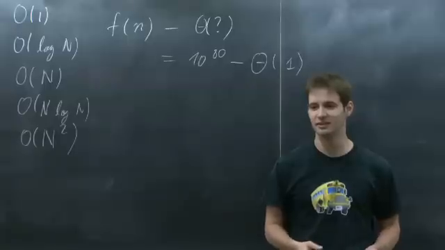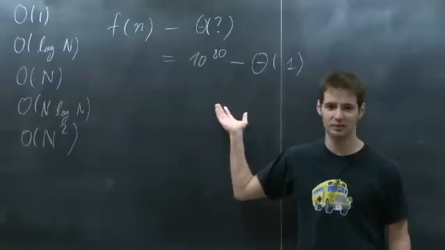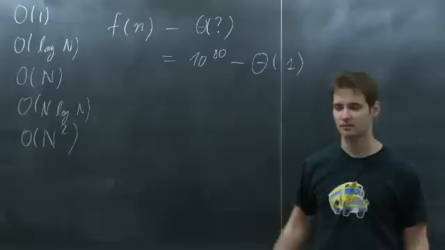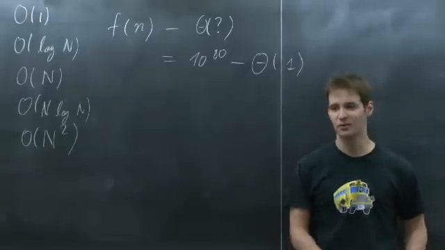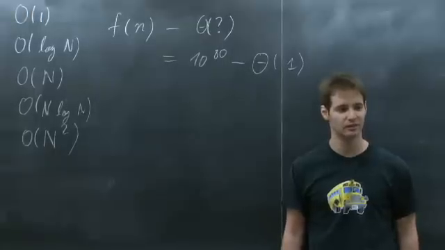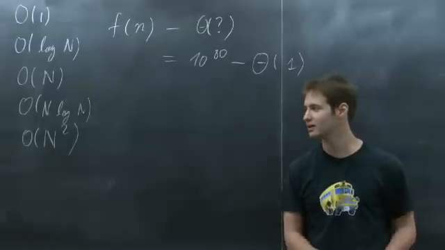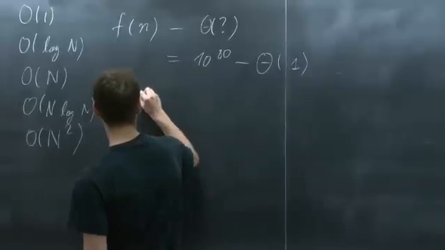So realistically, any quantity that you deal with that represents the real world is not going to be bigger than this. So if you want to get all philosophical, you can say that for any algorithm that you write and any realistic input, the running time will be theta of 1. But if you do this, we're not going to be happy with you on exams. So let's choose another one.